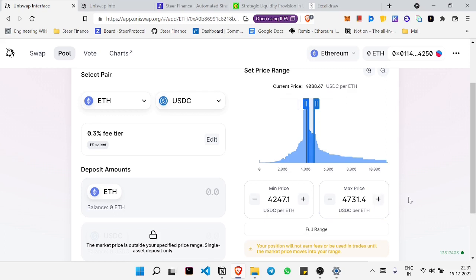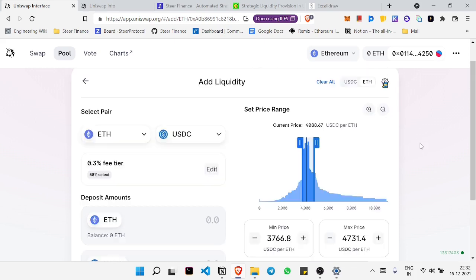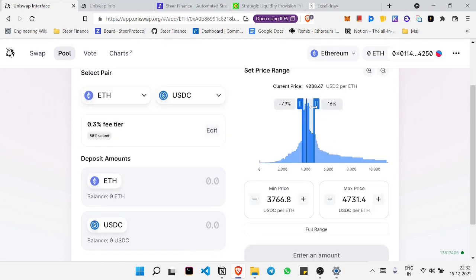So what Stio protocol does is it allows me to select a particular strategy according to my risk and reward taste, and that strategy automatically adjusts my liquidity according to the price ranges and any other variable that the strategy takes in, and it automatically multiplies my returns without me needing to move a needle.